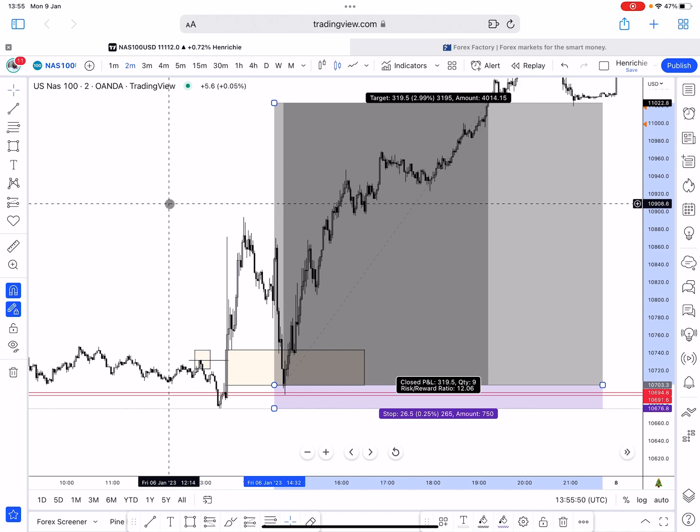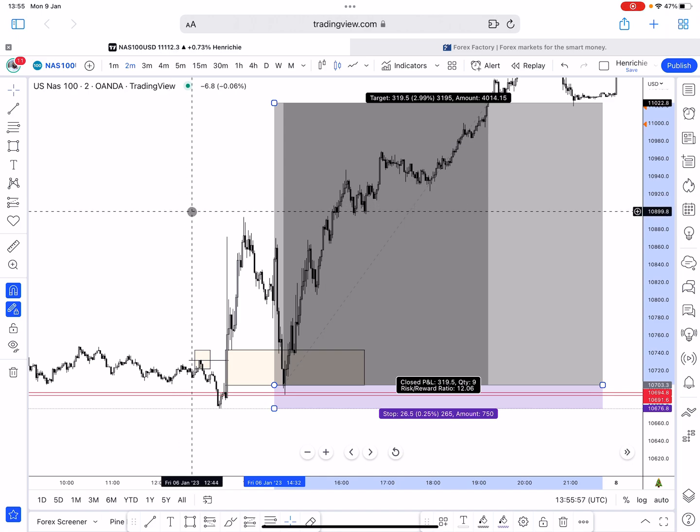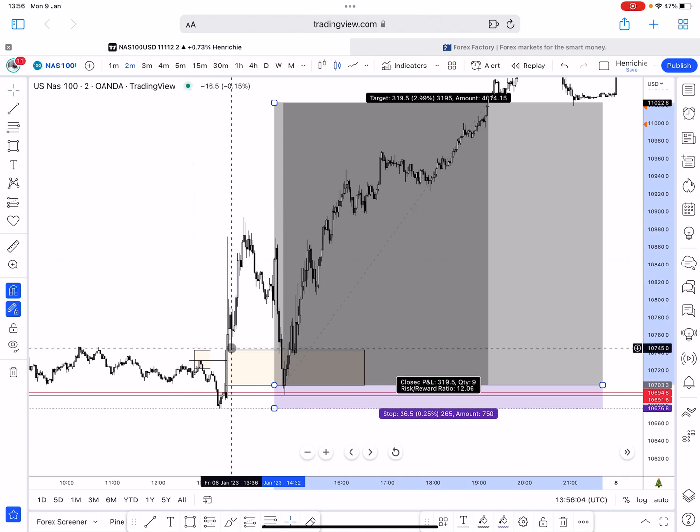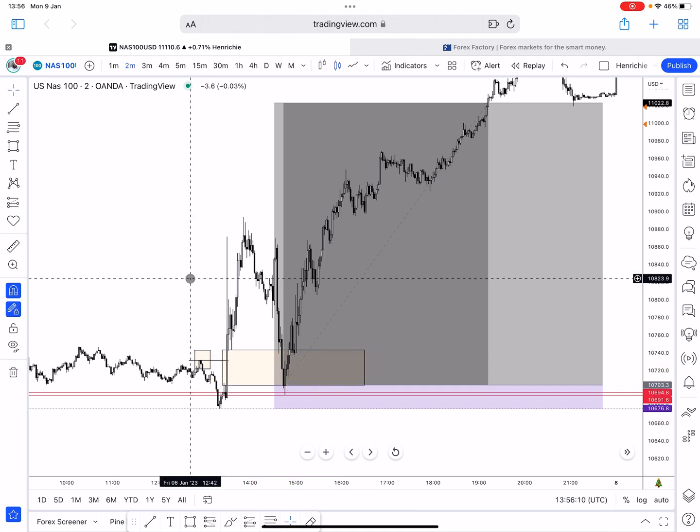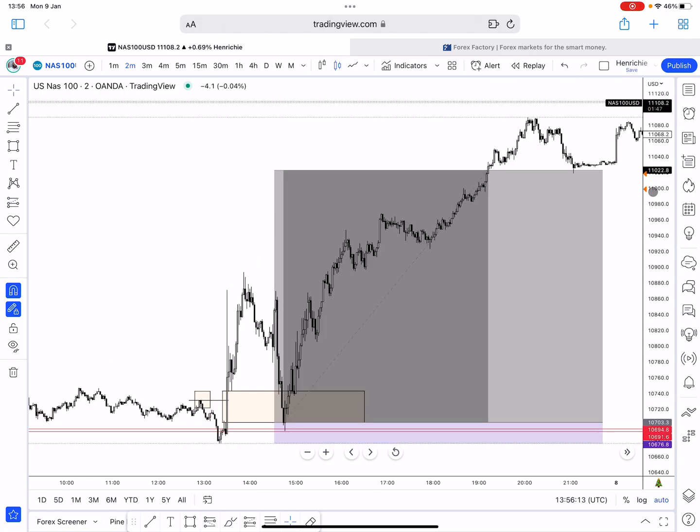So you can see how this works. Yeah, I know it may look easy the way I've tried to outline it. But when you start to backtest it, you're going to realize that it's not really that big of a deal. You just need to have an understanding of what you're looking for in price before the news, so that when the news comes out, you can use the data from the news to confirm your bias.